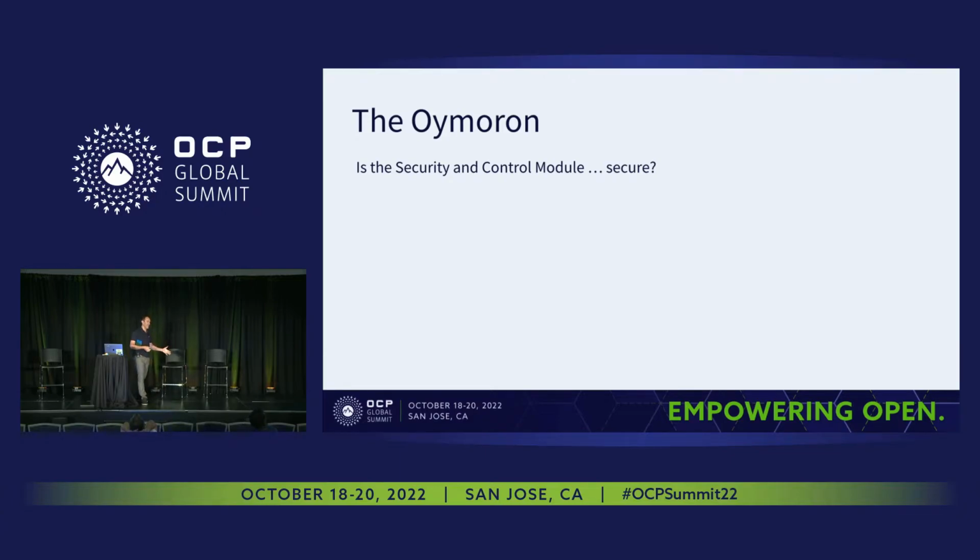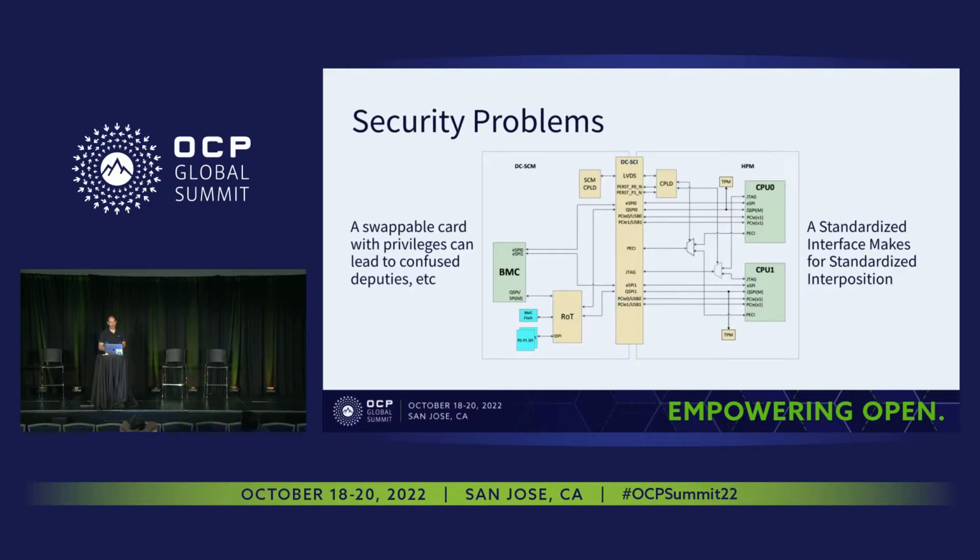Of course, there's a TPM in there and a platform root of trust, and all these chips are about security, but there are other problems, right? There's 2 family of problems that we have with this architectural change that we need to address. One family of problems is that a standardized interface makes for standardized interposition. I believe Jeff talked about that earlier this morning.